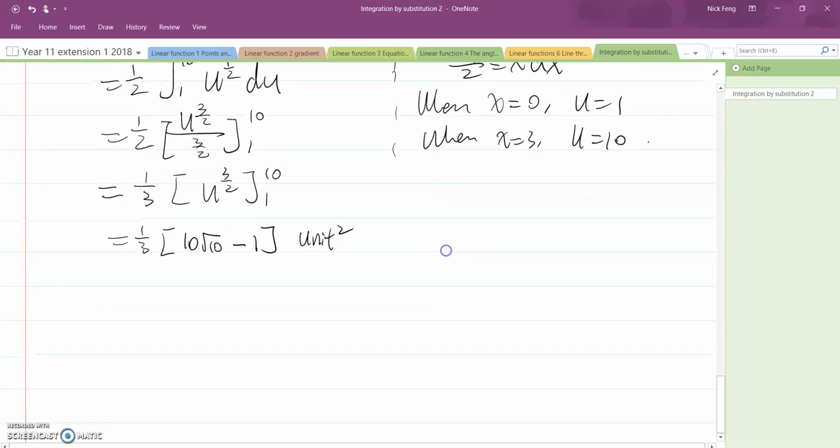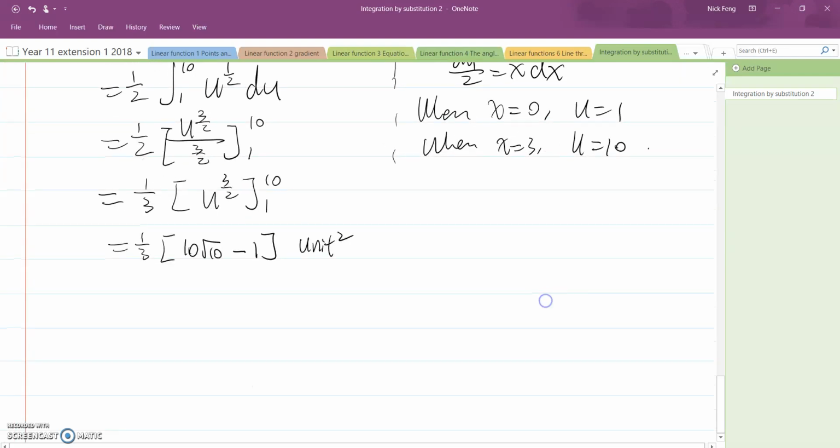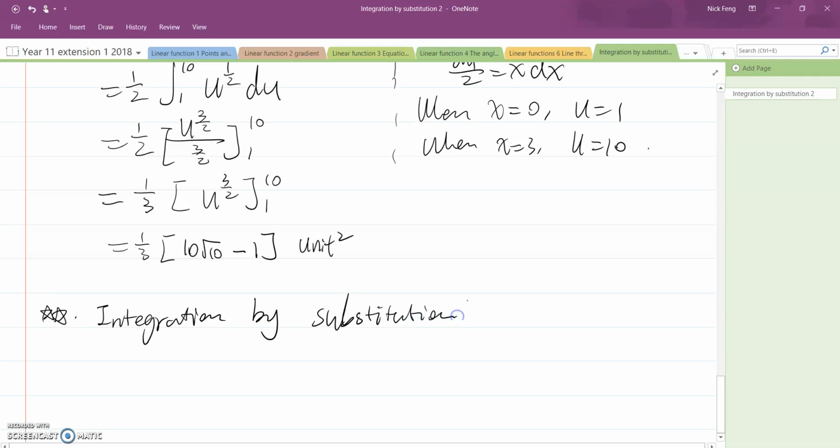So the next thing I'm going to talk about is integration by substitution. It's basically reverse chain rule. However, some of you might already want to ask me a question: how do you know which one to make the substitution?